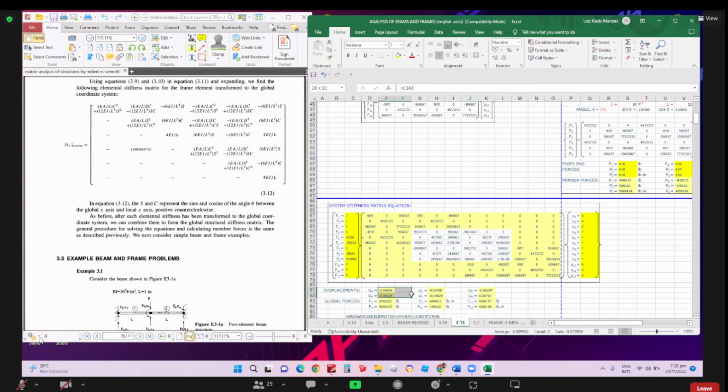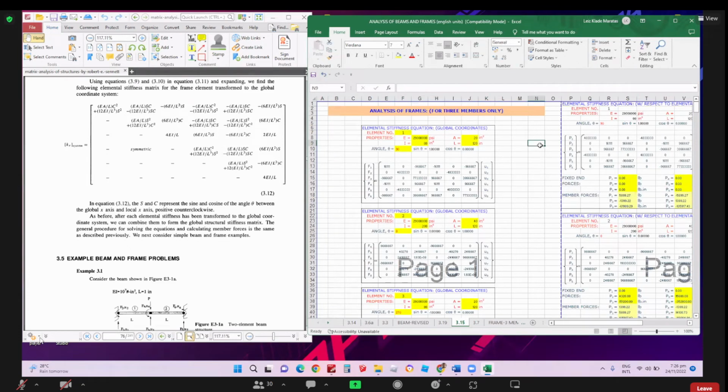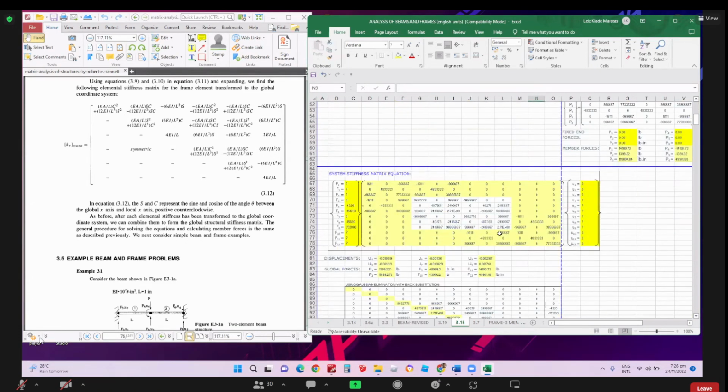After that, you solve the displacements. Then you have the global forces if you substitute. So that's it. In this case, for example, you have 3 frames. So, three members. After that, you combine.